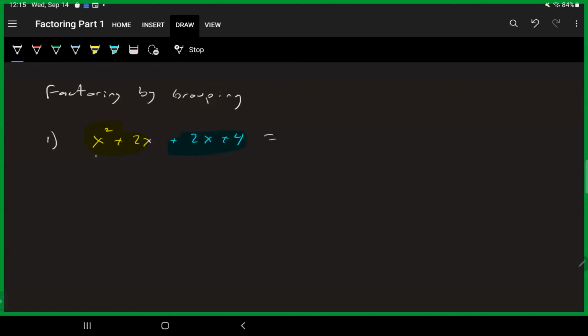And what I'm going to do is look at the pairs. I have x times x plus 2, and then I have a plus 2 and an x plus 2. And we're going to use the distributive law where this is AB plus AC. I'm sorry, BA plus CA, so it's a little bit backwards.